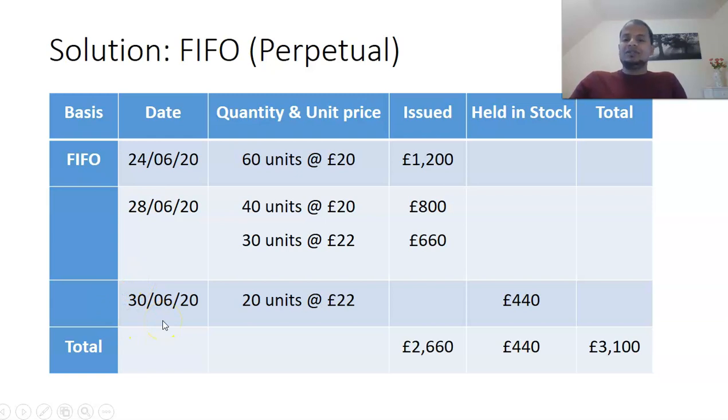So let's start. If we follow first in, first out, and if we maintain perpetual inventory accounting system. As I'm just reminding you, perpetual means whenever any transaction happens regarding materials, we should record it on that particular day with price and quantity.